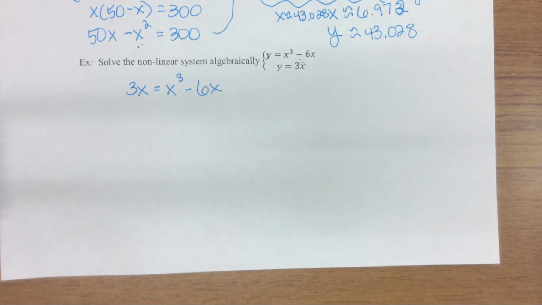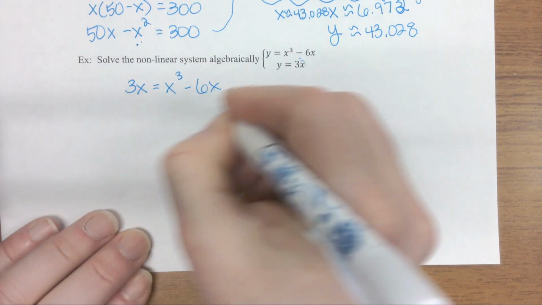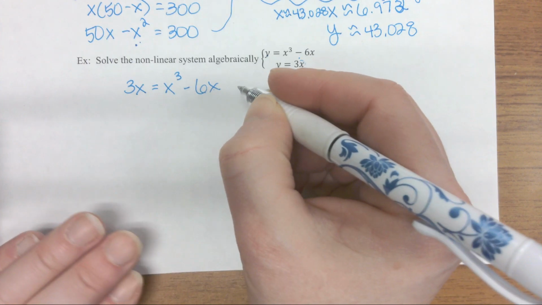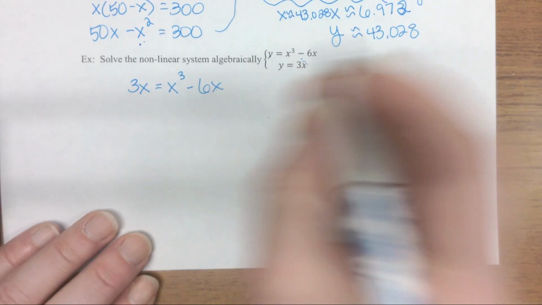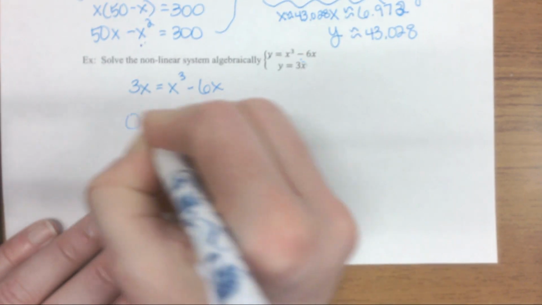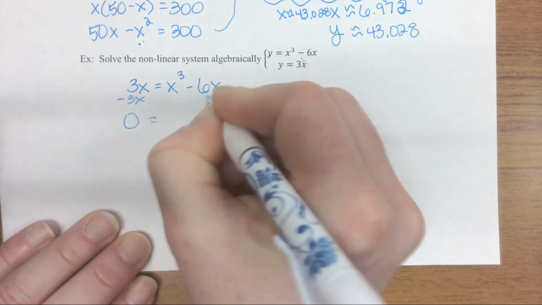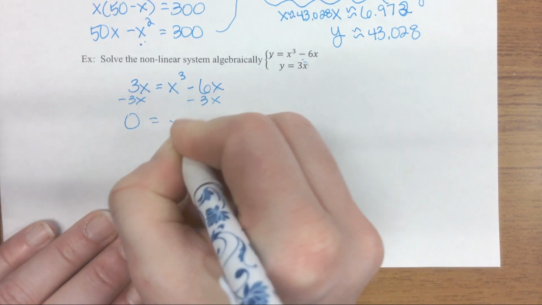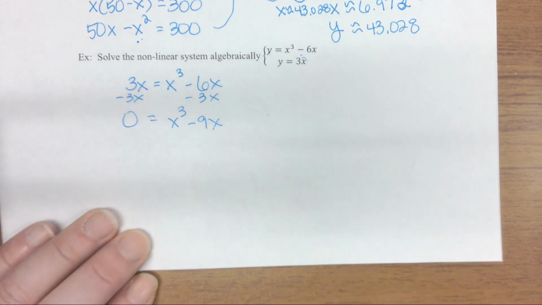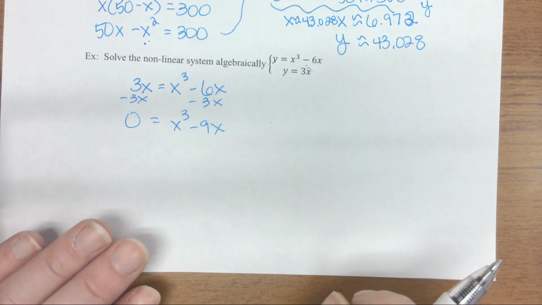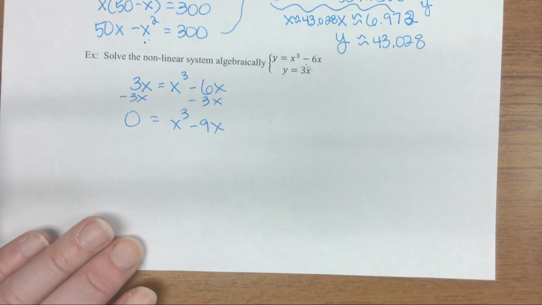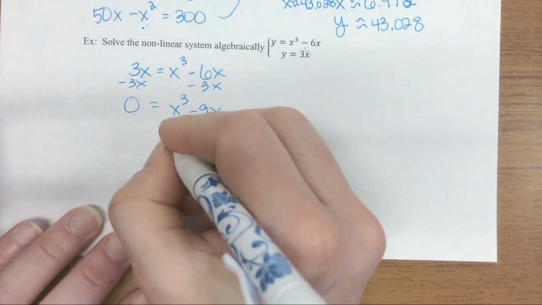Similar to before, the only way you can solve a cubic is if you can factor it. So I'm going to move the 3x to the other side. If I do that, do we agree that we have x cubed minus 9x? Okay, so I can pull out a common factor of x to the front.